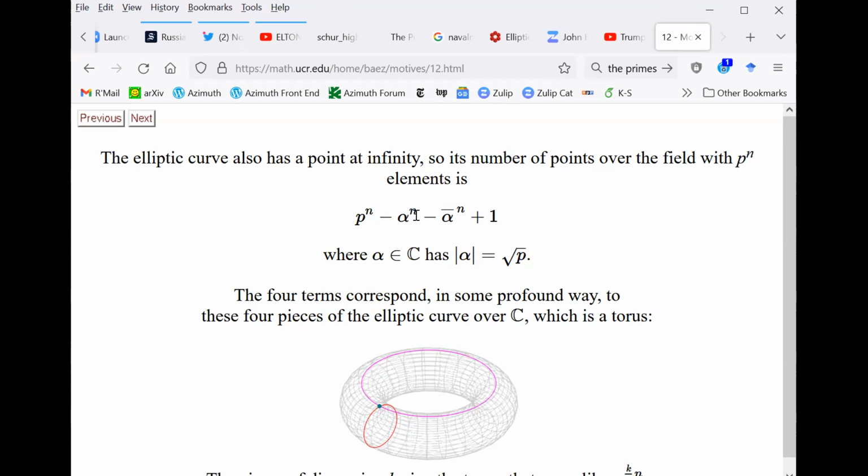So the real part of alpha has to be a half integer. If you look for half integers that can be the real parts of a point on the circle of radius square root of 2, there are very few choices, and it's just -1, -1/2, 0, 1/2, and 1. 1.5 is already bigger than the square root of 2, so that's too big.